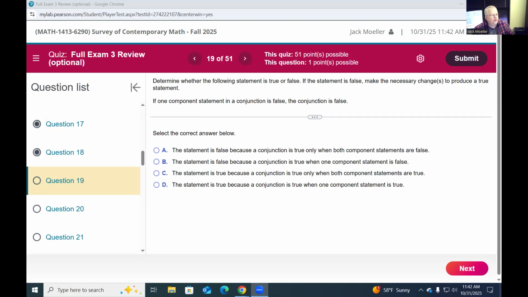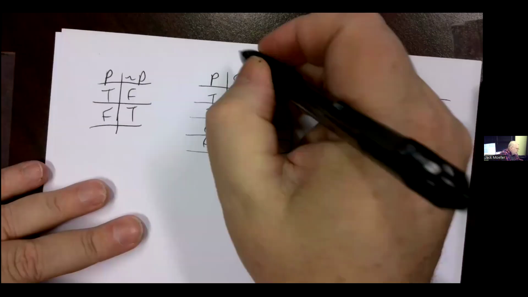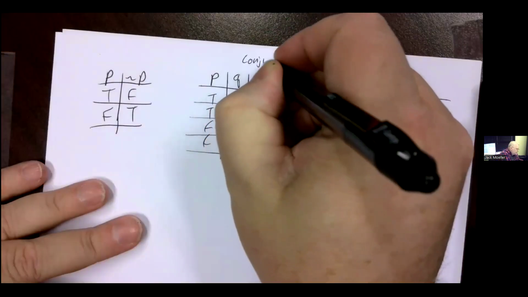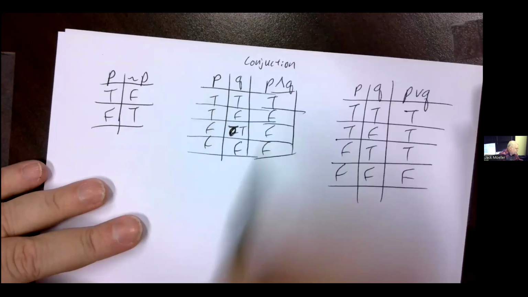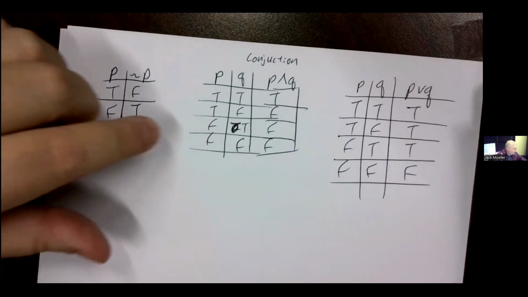Well, this is where it's very handy to have your truth tables written out already. They're talking about conjunctions, so we're looking at this truth table.